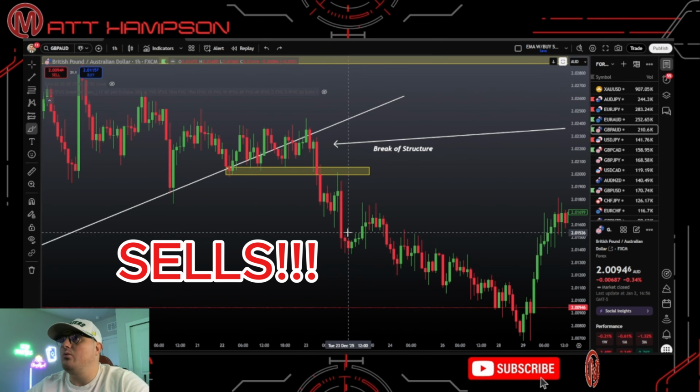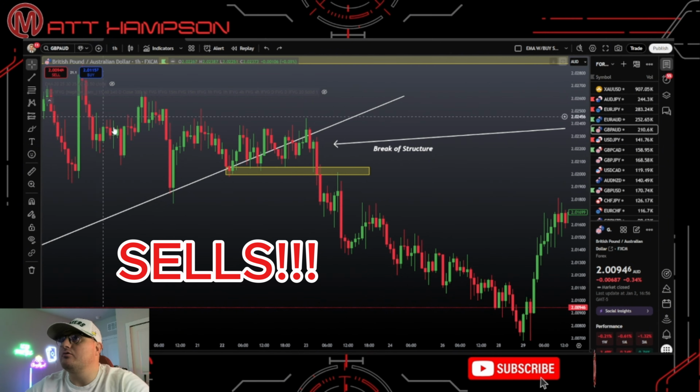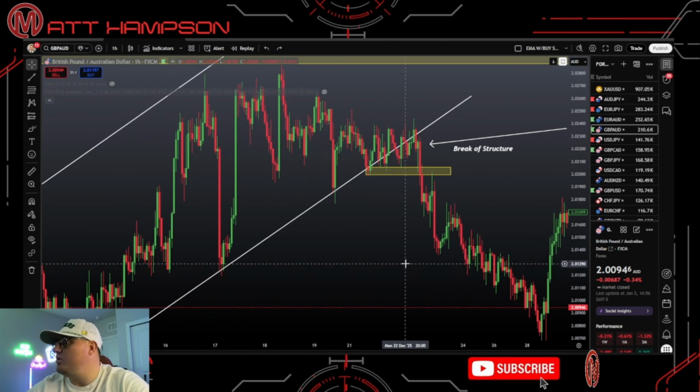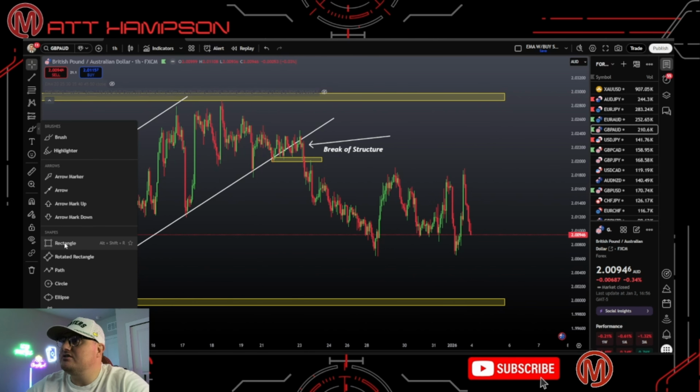Now you have to look at when to get out. Now, I am not a big proponent of risk to reward ratio trading. I don't believe in the R&R method, and there's a couple reasons why. But the main one here is that once we've identified our break of structure, we can now get in a trade in addition to drawing smaller zones again.